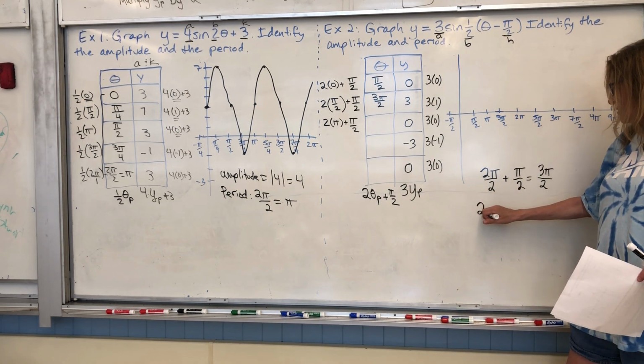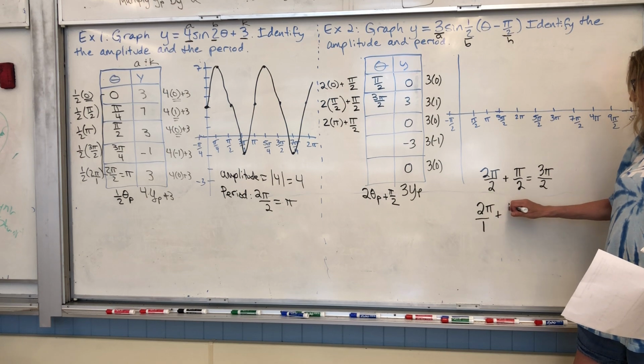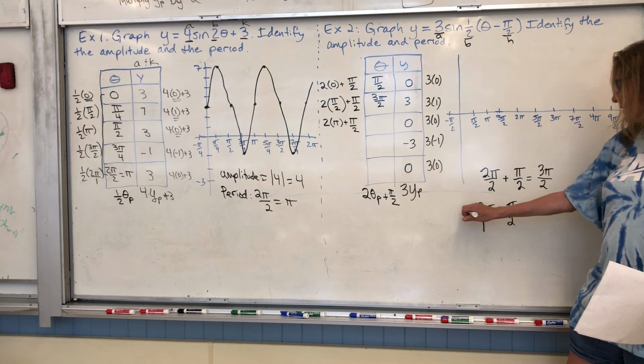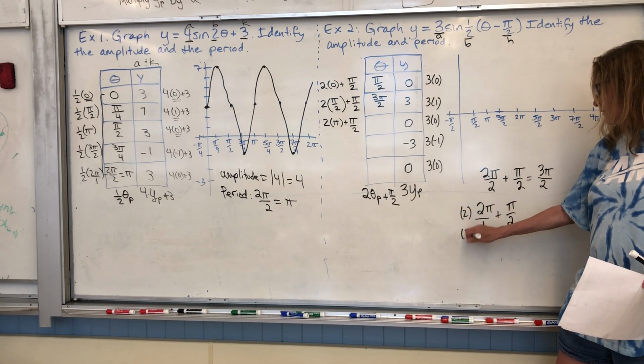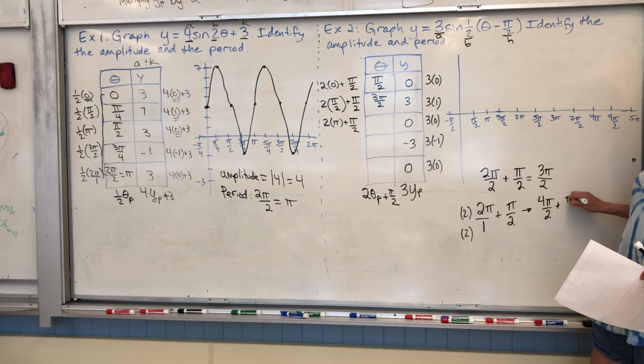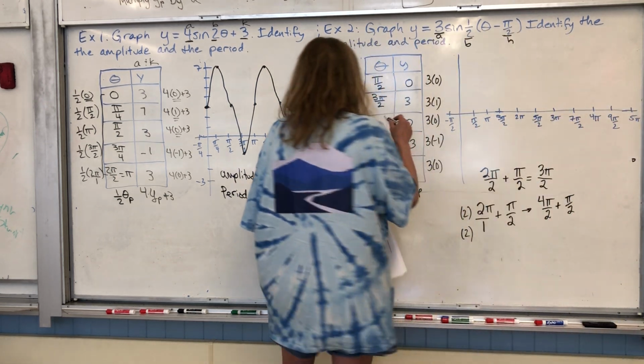So 2 times pi, plus pi over 2. Well, we got to change that to a denominator of 2. So that gives me 4 pi over 2 plus pi over 2. And that's going to give me 5 pi over 2.